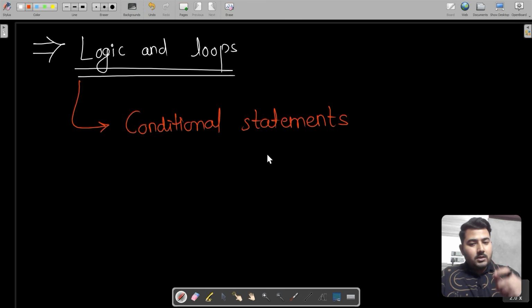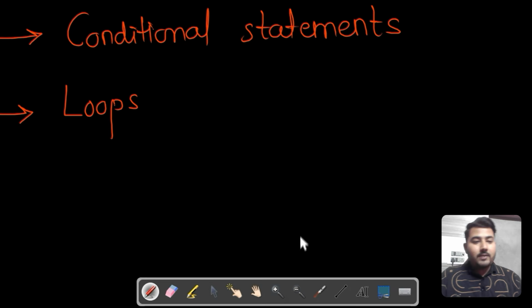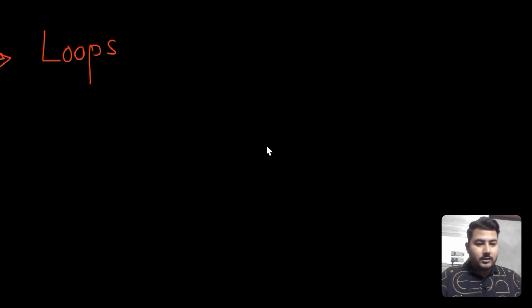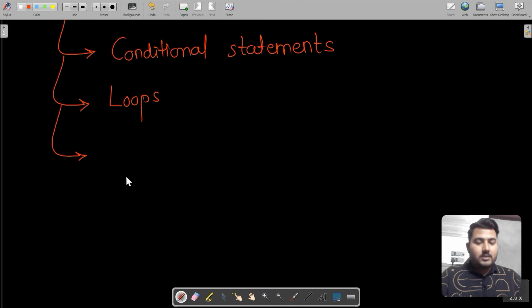These are those statements which put some condition on executing something. Once we get into the details of it, you will get a good hang of it. But don't worry about it, we'll get to that in a couple of minutes. The second thing that we are covering in today's session is another important part, loops. It is another very important and very basic part actually. There is nothing hard or advanced about it in this topic.